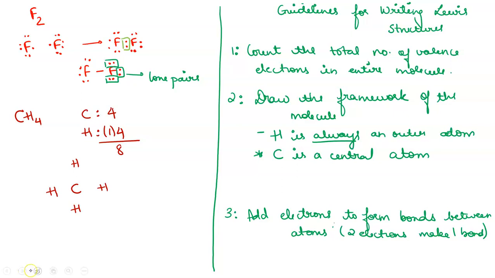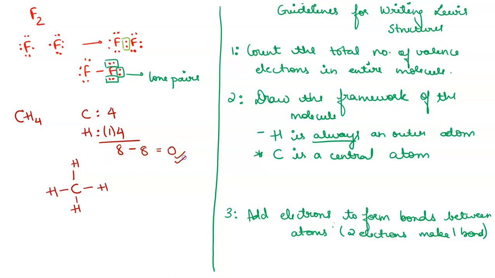Okay, so following step number 3, we're going to make bonds between our atoms. And remember, 2 electrons make a single bond. So let's start. 2 electrons, that's 2, 4, 6, 8. Right? I made 4 bonds and I used 8 electrons to make those 4 bonds. So now what I do is I go back here, I subtract 8 from my total valence electrons because I used all 8 and I'm down to 0.